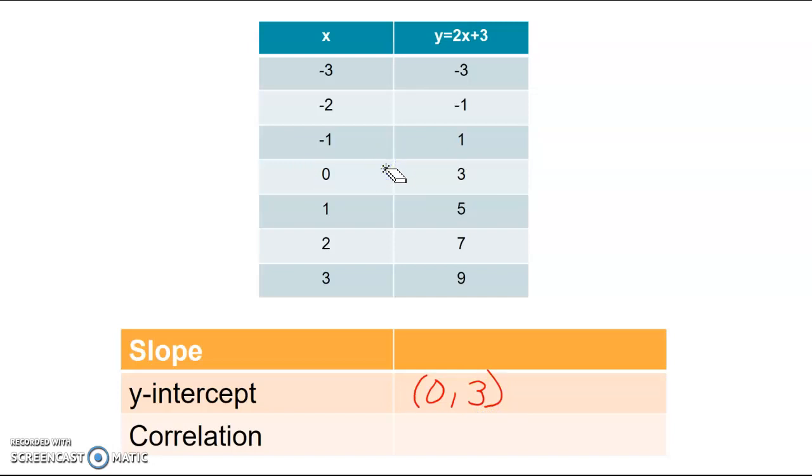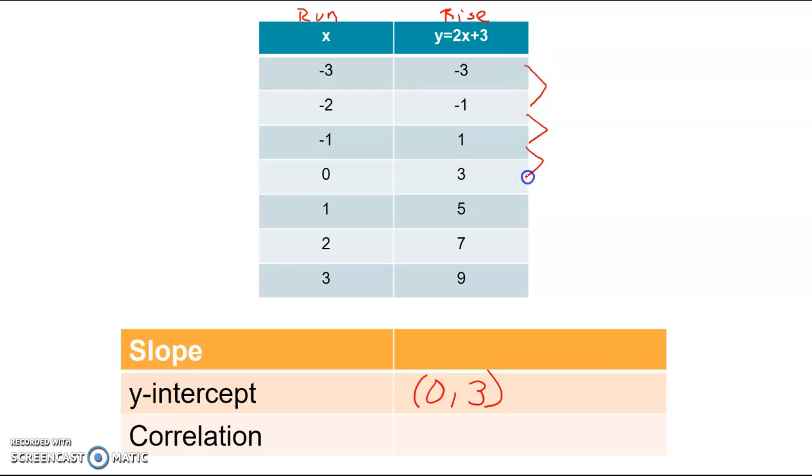Correlation is pretty easy too. Well, I can find my slope, and that'll tell me my correlation. Now when I'm looking at my slope, it's rise over run. Rise, the vertical change, is going to be the y. So this column is going to represent your rise, and the x column is going to represent your run. So let's look at the change in the y column.